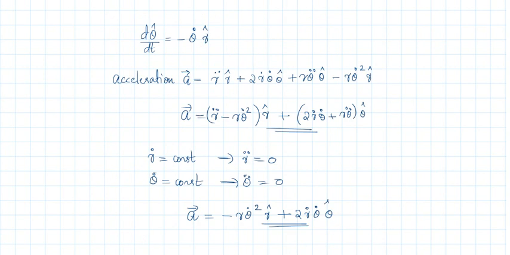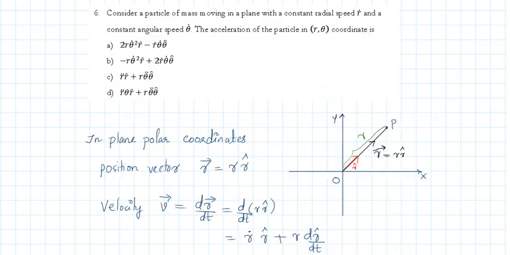Substituting that value also, acceleration, you will get this expression: A is equal to r double dot minus r theta dot square into r cap plus 2r dot theta dot plus r theta double dot theta cap. This is a standard expression actually, the acceleration in plane polar coordinates. But in the present question, this r dot and theta dot are constant.